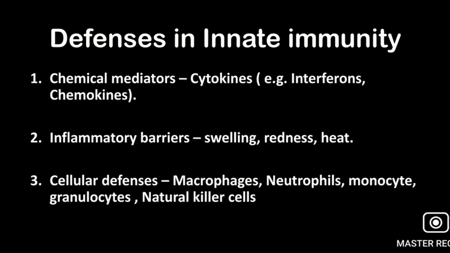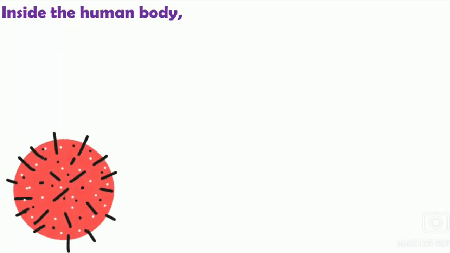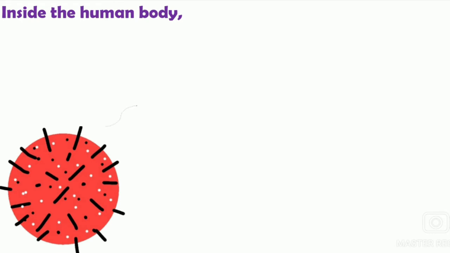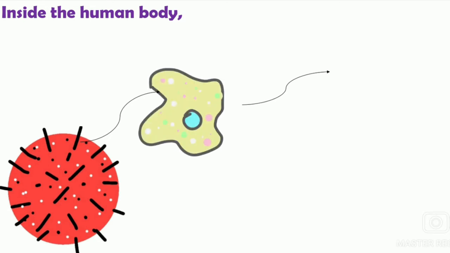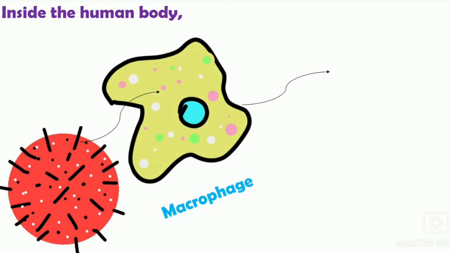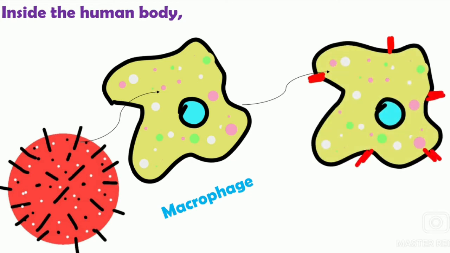Whenever a foreign body enters our body, the first cells of our immune system that it faces are the macrophages. Yes, we have talked about this in our previous video as well. Macrophages are huge cells which can engulf the entire foreign body and digest it, not completely but partially, until very small remains of the foreign body remain.